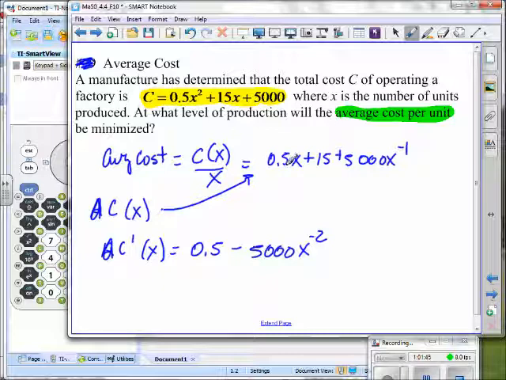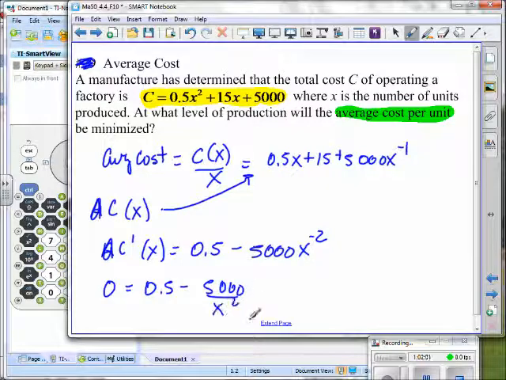Derivative of 1/2 x is 1/2. Of course, the constant's 0. And I take negative 1 times the constant and then our coefficient and subtract 1. Set it equal to 0. Now, because of the nature of this, I think I'll opt to just make it 1/2 equals 5,000 divided by x squared.